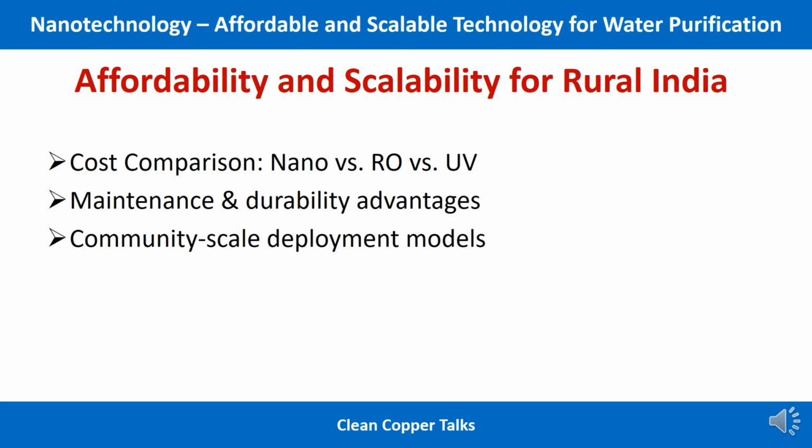So we can see that RO is much more expensive. It rejects a lot of volume of water and it requires a lot of maintenance also. While nanofiltration is comparatively cheaper, it rejects less water and it requires maintenance in comparatively less time. While UV is the cheapest, but it requires maintenance regularly, at least every month.